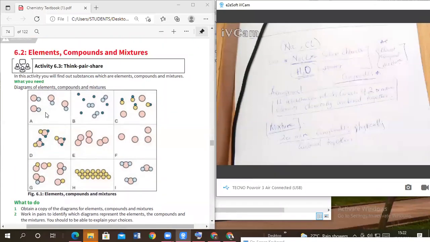If we have known what they are, somebody give me the definition of this. Classify them according to either elements, compounds, and mixtures. A is what?